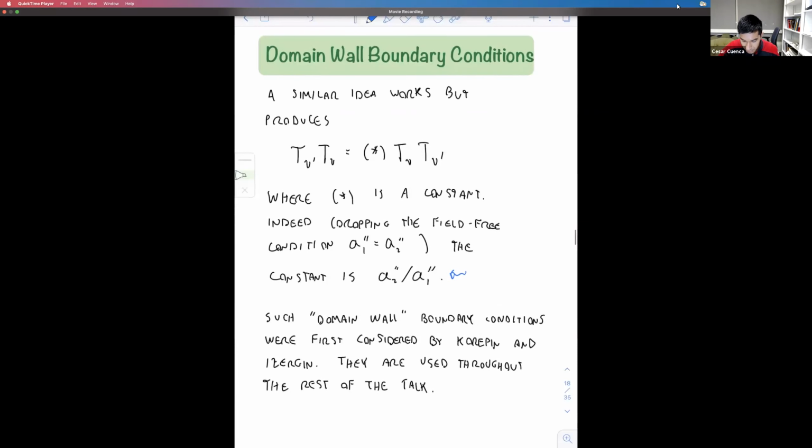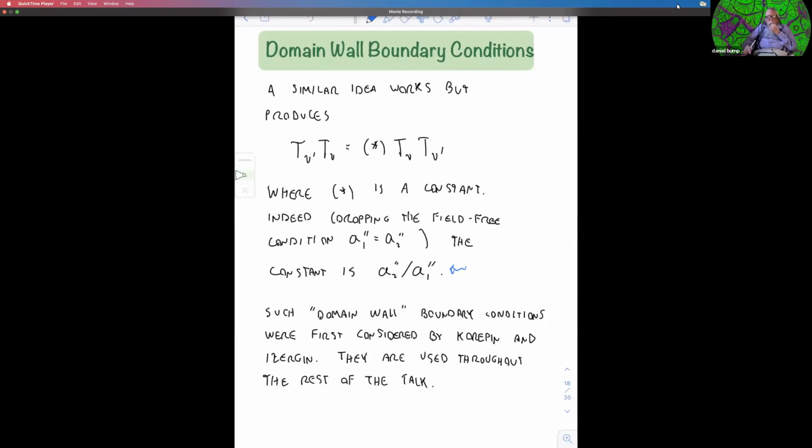No, so actually, yes, except that I said I'm going to be considering more general examples. So I'm saying that I'm going to drop the field free condition that A1 double prime is equal to A2 double prime, because we'll encounter situations where they're not equal.